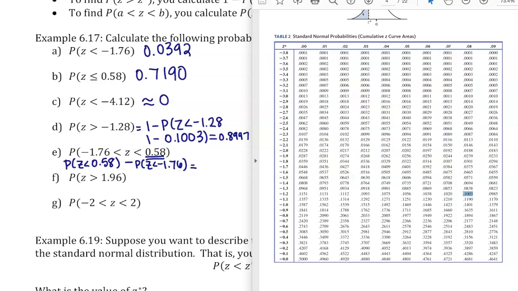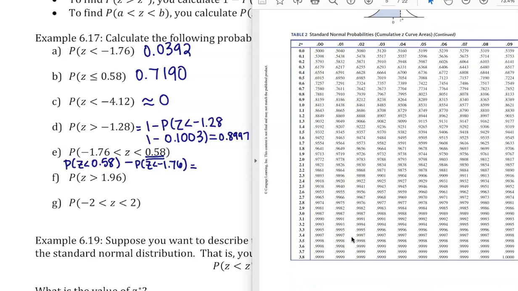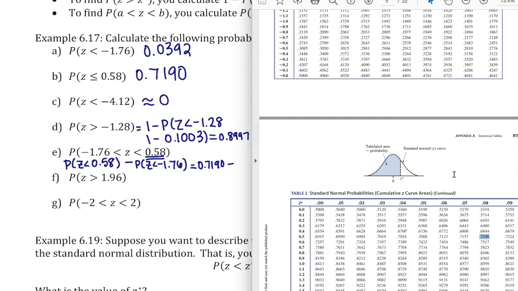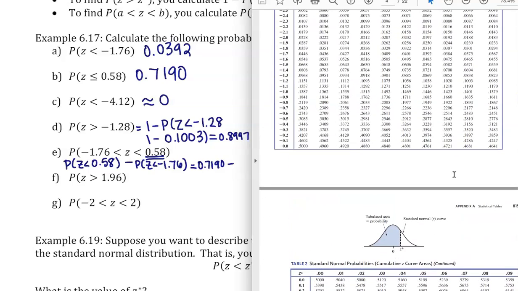So first we get the probability that z is less than 0.58. So it's going to be on the positive table, and we go to 0.5, and then we go over to 8, and we have 0.7190. And then we go to the negative table for -1.76, and actually we've already done that one. It's 0.0392.